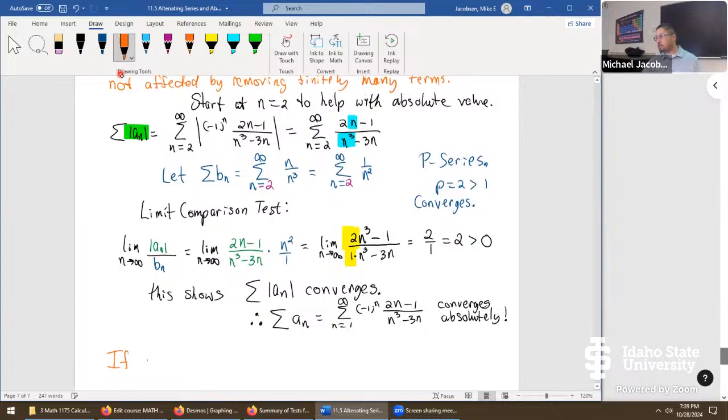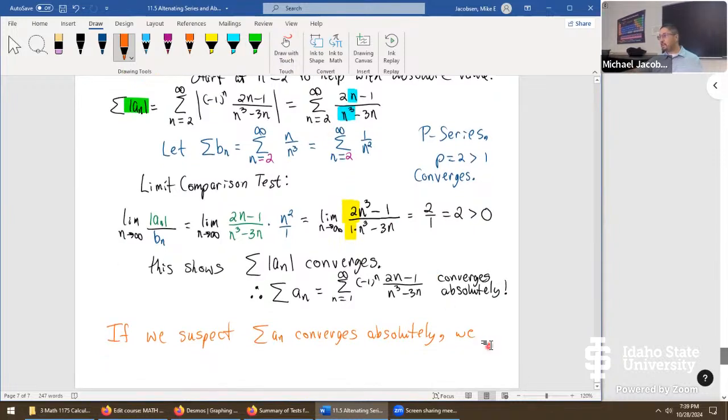If we suspect summation an converges absolutely, I can't say must because, I mean, must is not the right word there.